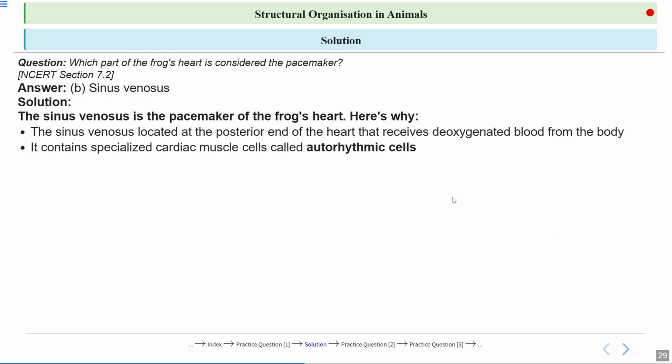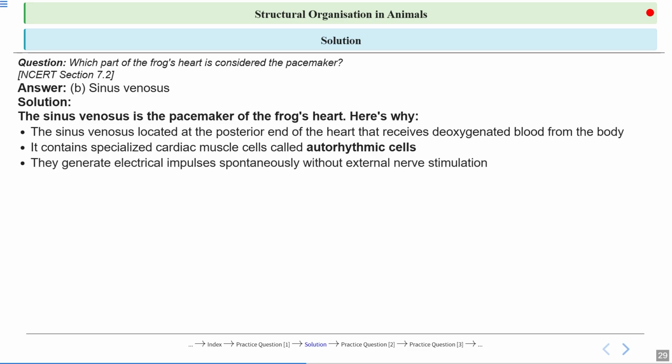It contains specialized cardiac muscles that are called autorhythmic cells. This region, the sinus venosus, has very specialized cardiac muscle cells called autorhythmic cells, so it has auto contractibility activity. They generate electric impulses spontaneously without external nerve stimulation.